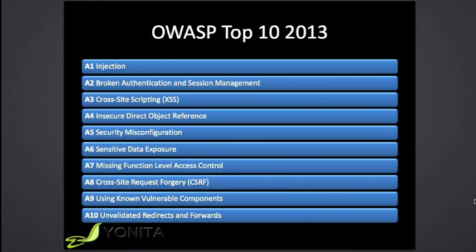Insecure direct object reference is about when we expose underlying identifiers, like database identifiers in our web pages, and then a hacker can manipulate them and possibly get access to some assets which are not supposed to be disclosed to him.